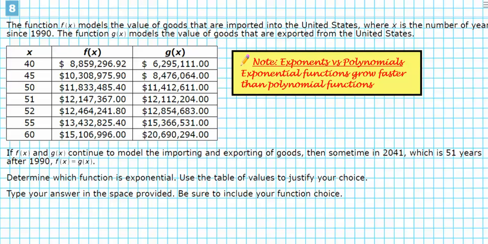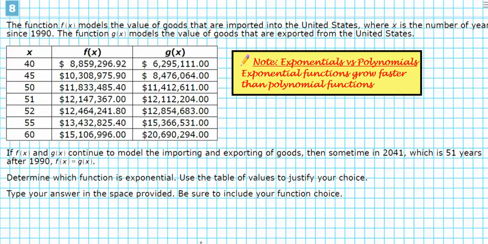Something you want to note when comparing functions is that exponential functions always grow faster than polynomial functions. So if there is a race going on, even if the polynomial function has a head start, guess what?